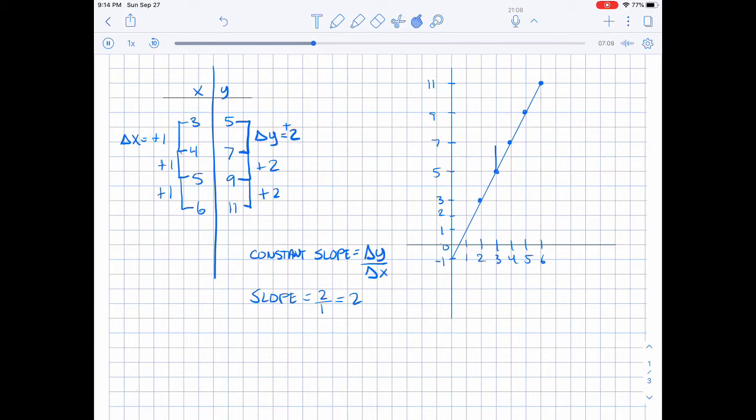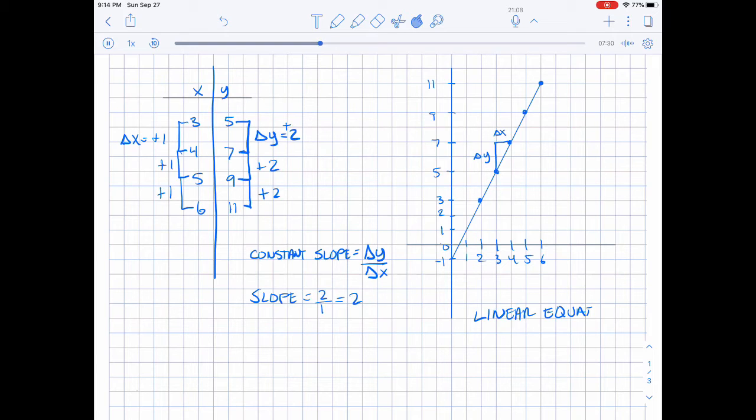We can see that our change in y over our change in x is constant. Therefore, we have a linear equation.